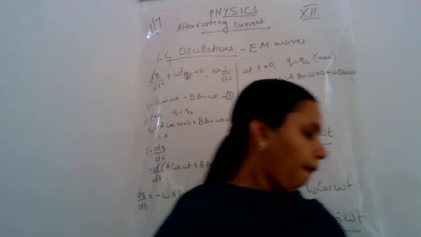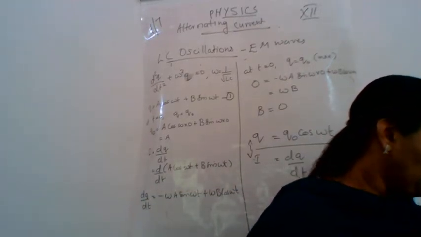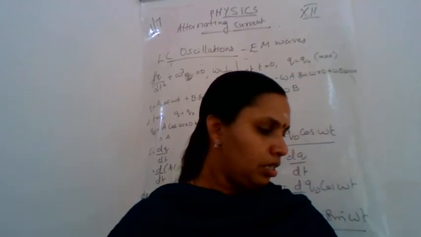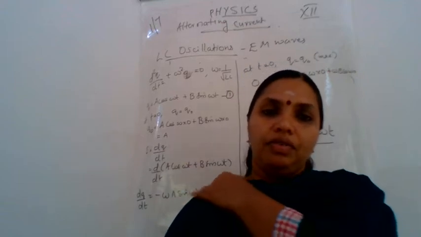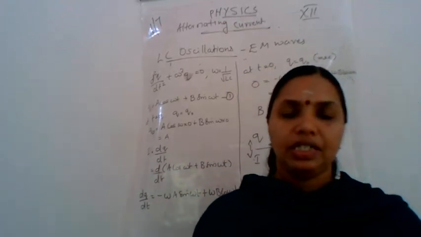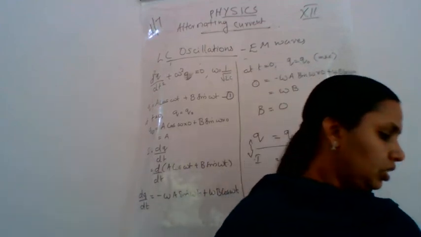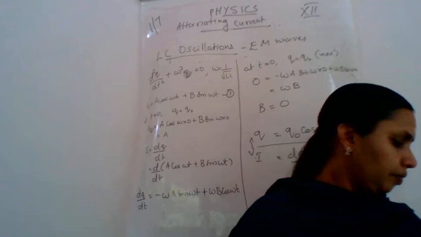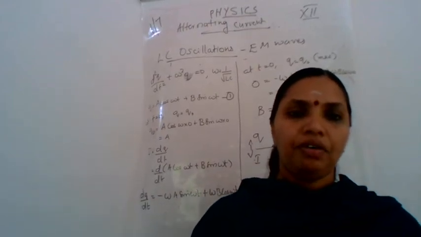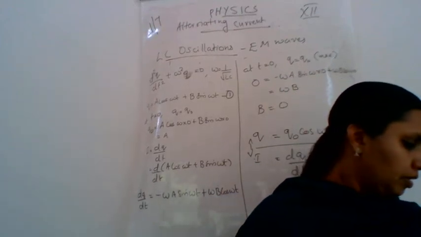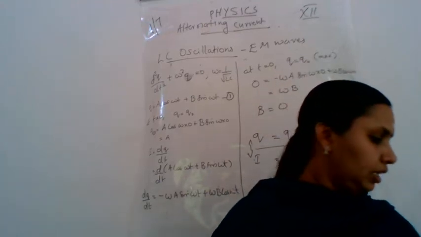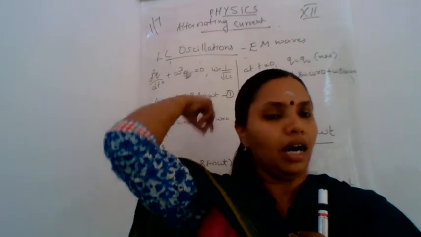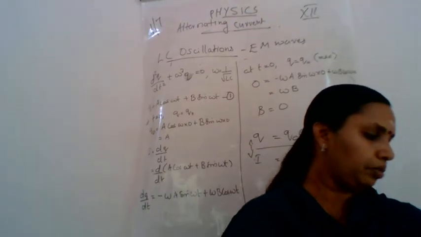So write down the next question. Show that when a capacitor is discharged through an inductor of negligible resistance, the discharge is oscillatory and simple harmonic.